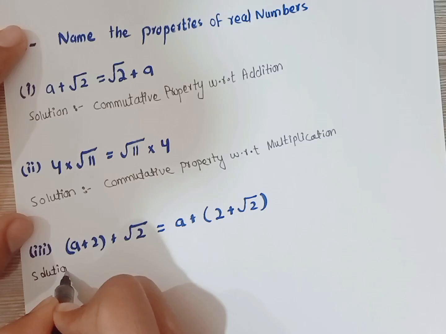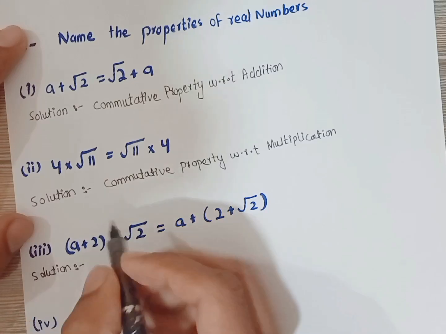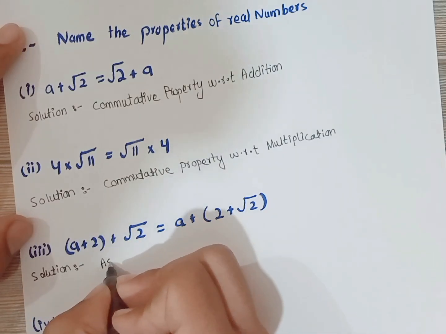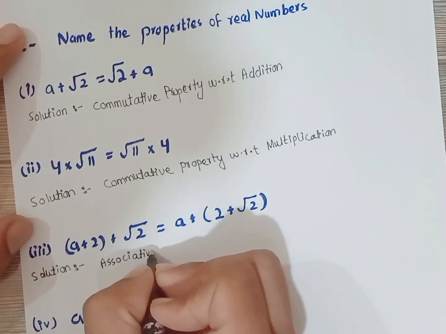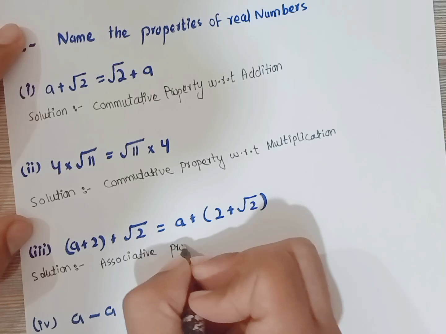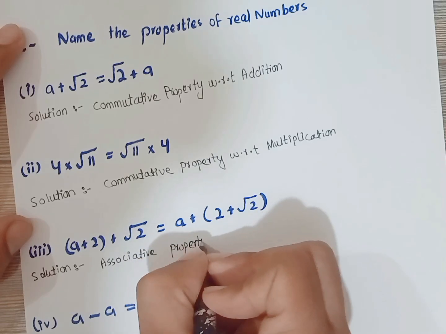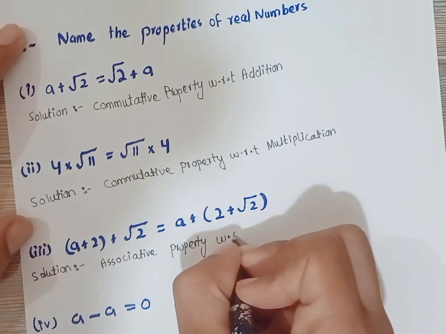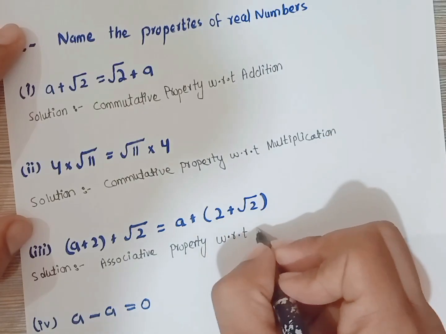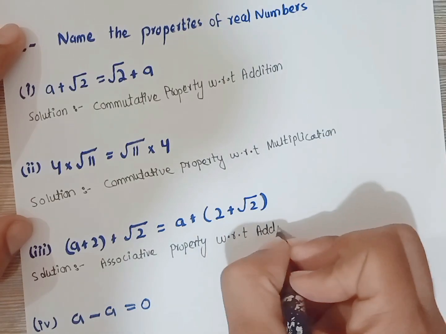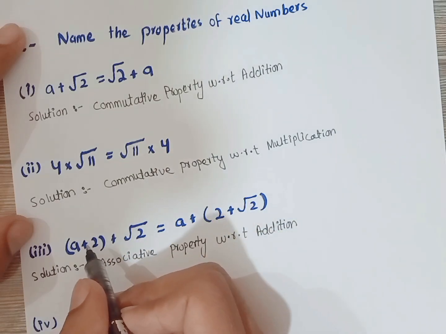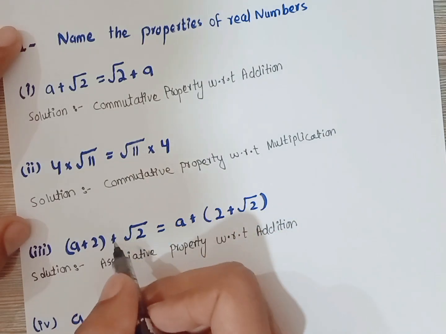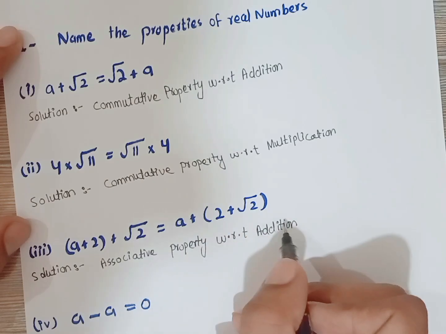Solution: it is associative property with respect to addition. If I put multiplication in place of addition, it will be called associative property with respect to multiplication.